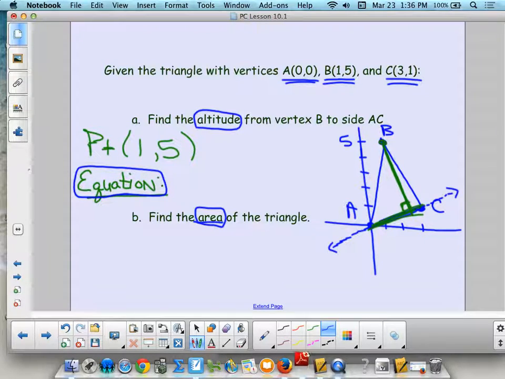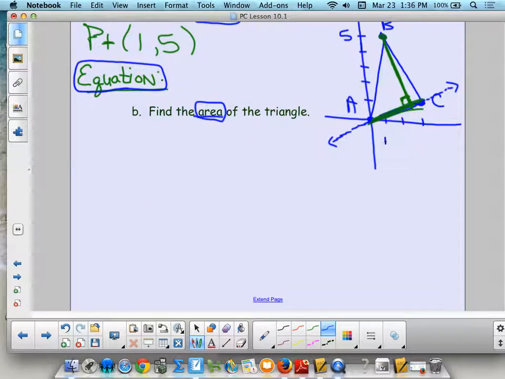Find the equation for AC. If you have the equation, just give me the thumbs up, just so I can tell you to keep going.